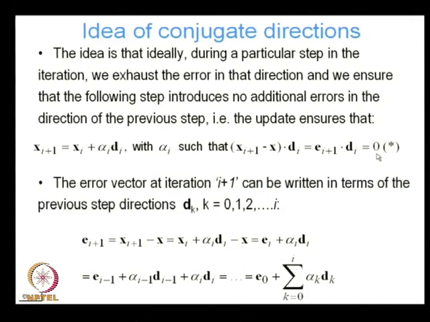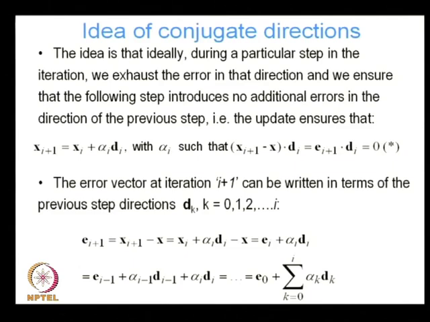So, basically I am saying that the error vector at the (i+1)th iteration, x_{i+1} - x, does not have any component in the d_i direction, the previous direction.